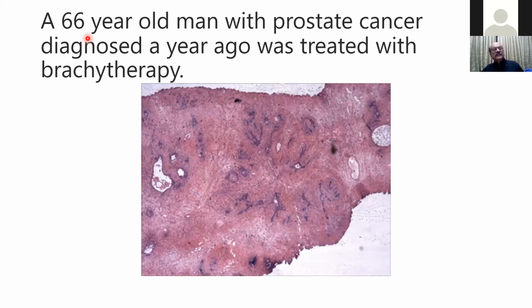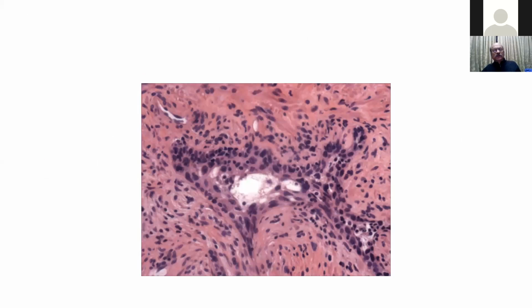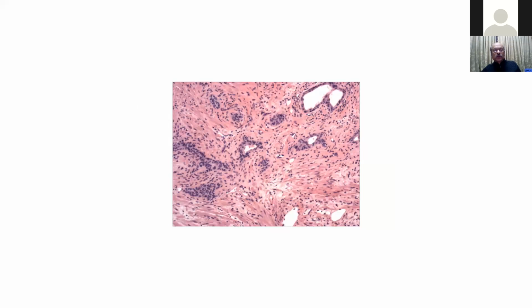This is a 66-year-old man with prostate cancer diagnosed a year ago, treated with brachytherapy. The majority is stromal component, with only a small amount of glandular component.